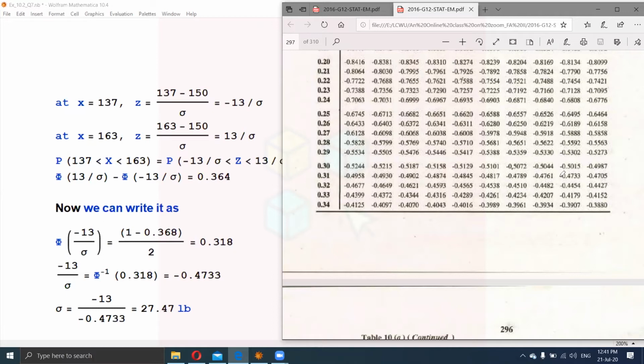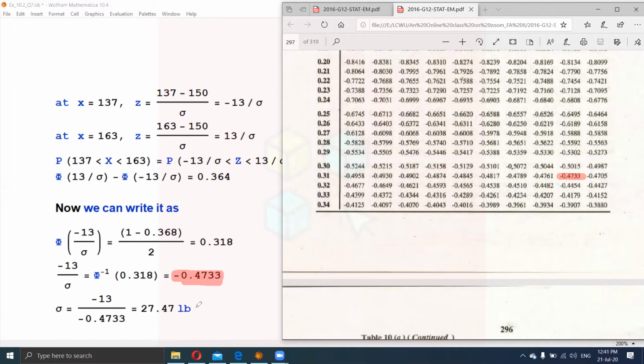So corresponding value is this one, minus 0.4733. So we will write it here, minus 0.4733. And using this value, sigma is equal to minus 13 by this value, which is 27.47.